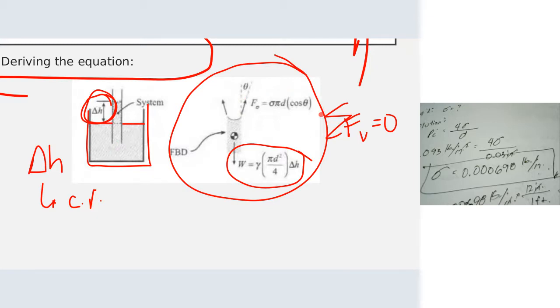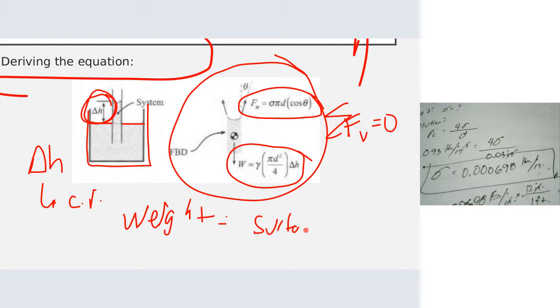And on the positive y-axis, we will have the force of the capillary. No? So, this will become the weight equals surface tension force. Right? So, this is the summation of force vertical equal to 0. So, weight equals surface tension force.